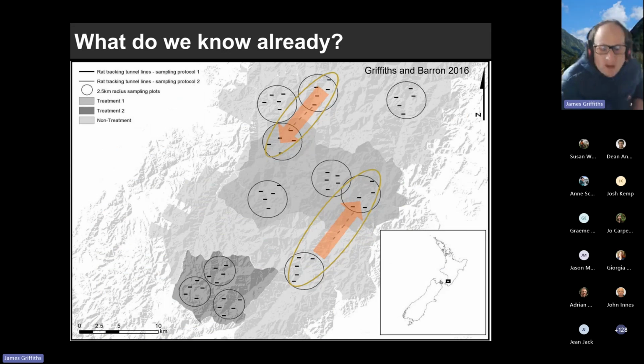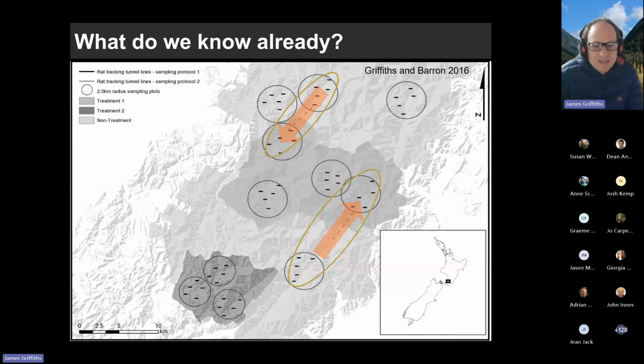We have done a little bit of work on this in the past. We did a study some years ago in the Tararuas where we looked at patterns of rat recovery and tracking rates across a transect that traversed non-treated and treated areas. So the tracking tunnels that we focused on are illustrated in this figure in the areas within the ellipsoids.